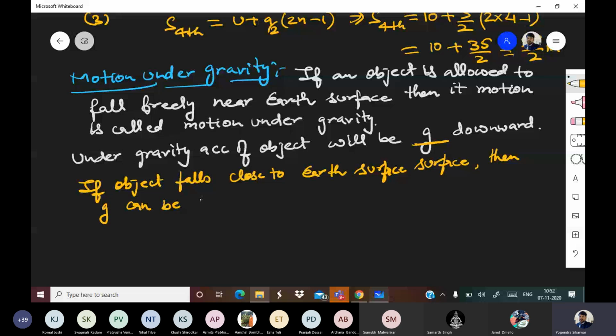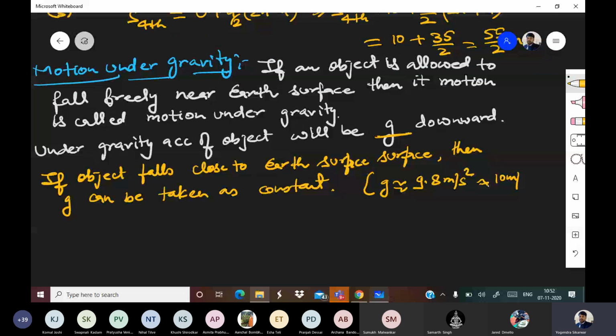And value of g will be 9.8 meters per second square, which often people take as 10 also. So you can take any of the two values depending on the questions or options. All right, good.